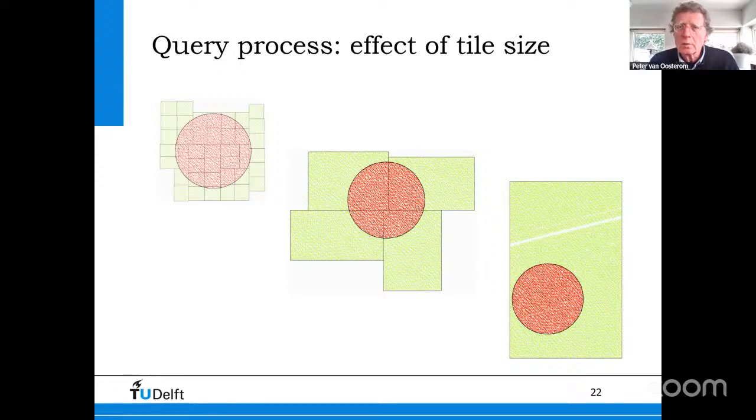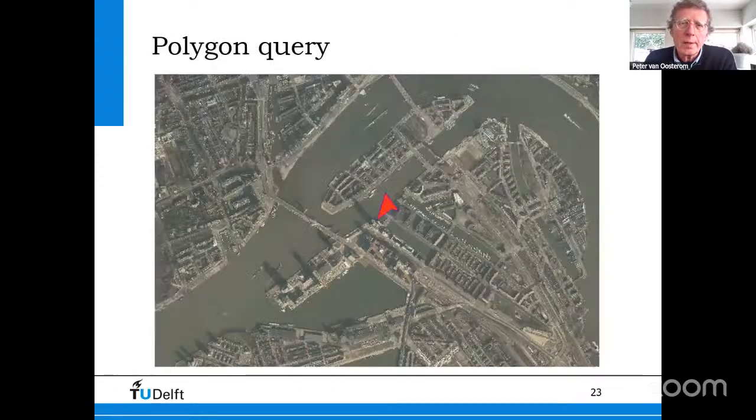But in total, the number of unwanted pixels is getting less. But at a certain moment, when you make your tiles too small, they become pixels again, and there is no benefit of having tiles, of grouping the pixels together and indexing them and fetching them in a fast way. You're also paying. This red polygon is also one of our query geometries next to the circle.